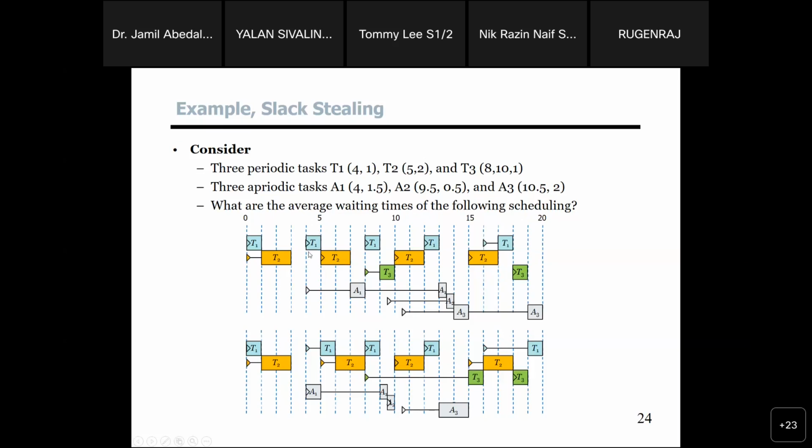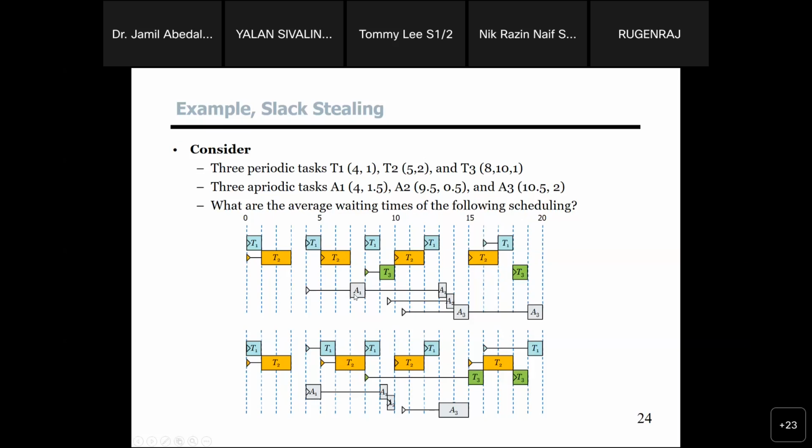The priority given for periodic job. So as you see, this is without slack stealing. This is with slack stealing. The difference is simple: the priority without slack stealing is given to periodic jobs, while in slack stealing, the priority is given to aperiodic jobs. Once we reach the release time, we execute aperiodic, as you see here.